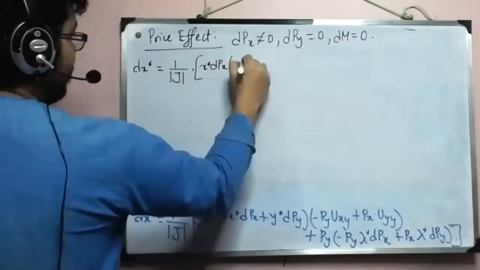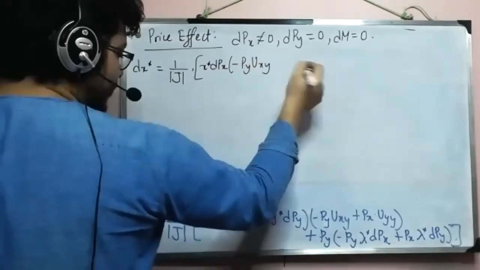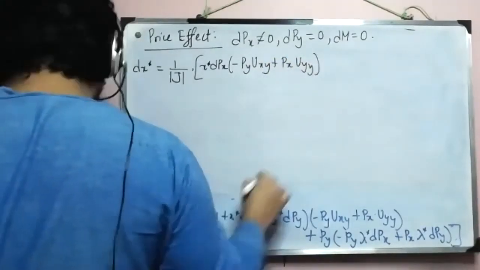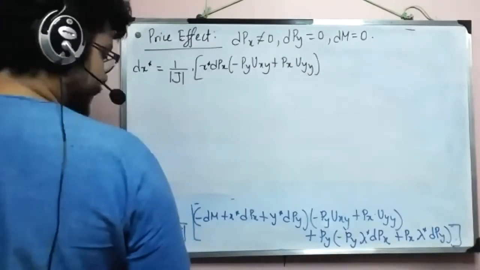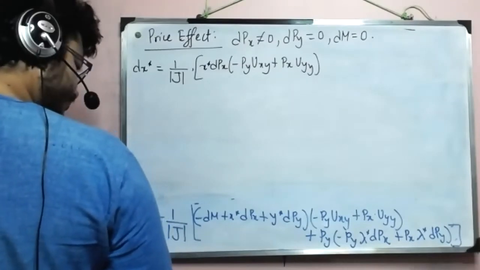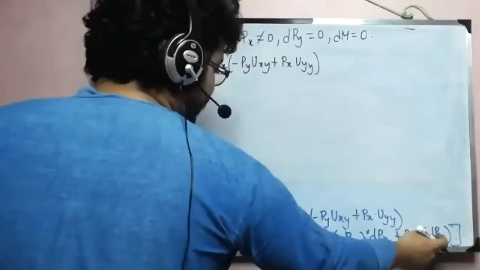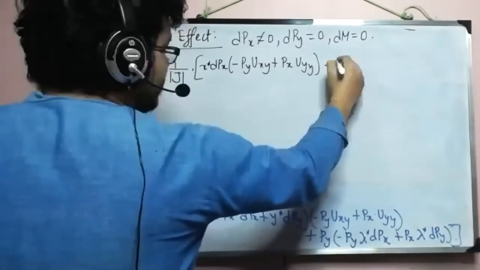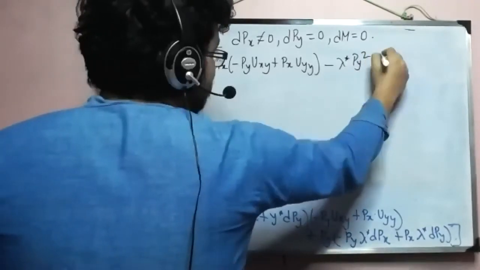Then the things in the bracket, they remain the same. So uxy plus px uyy. And if I put 0 here, and if I open the bracket, then it will become a minus. So minus lambda star py square dpx.